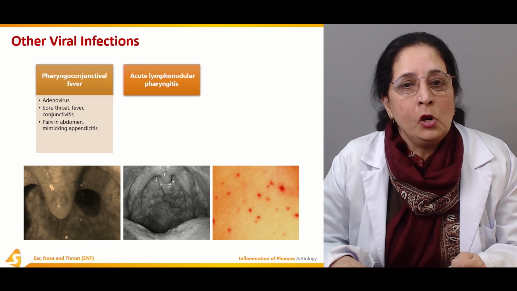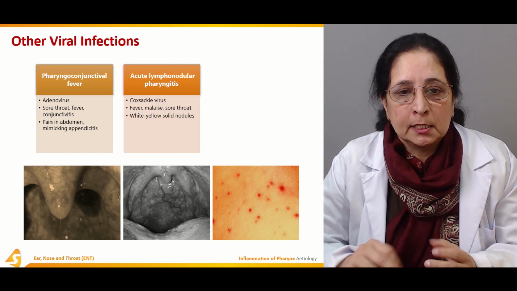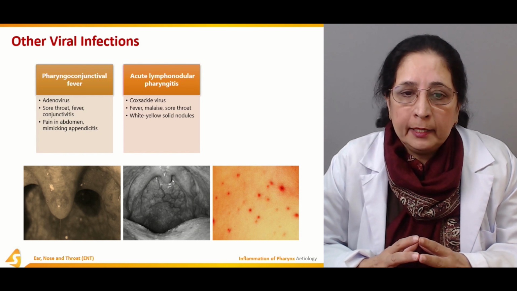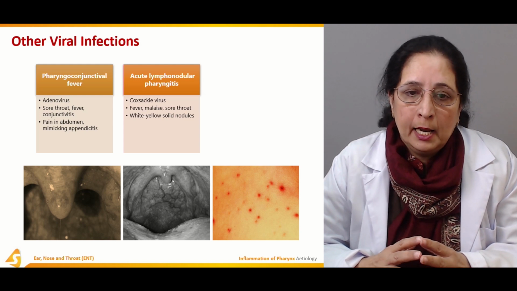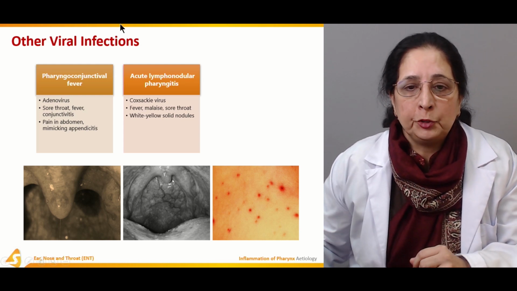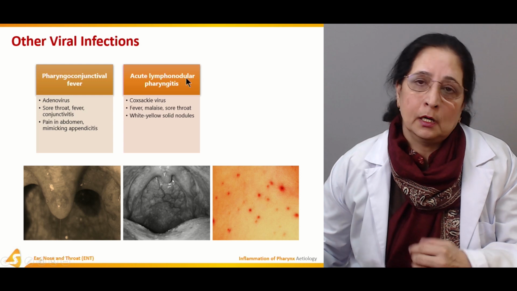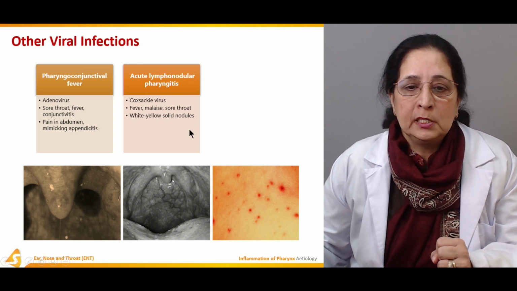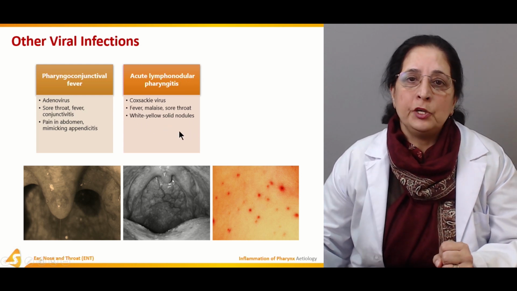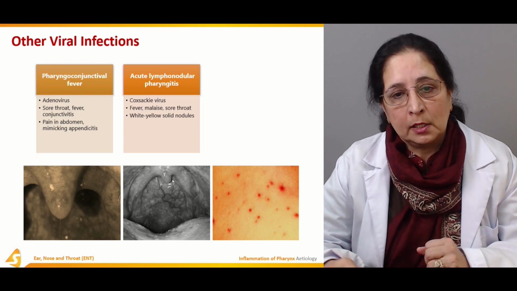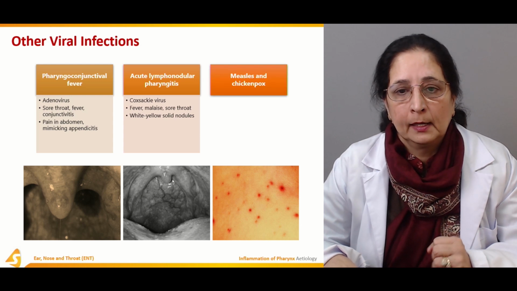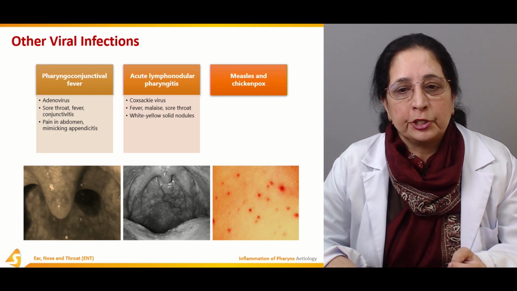Acute lymphonodular pharyngitis is caused by Coxsackie virus. There is fever, malaise, sore throat, and as the name shows, lymphonodular, so there are nodules present, white, shallow, solid nodules, that give the name lymphonodular pharyngitis. Then we have measles and chicken pox.